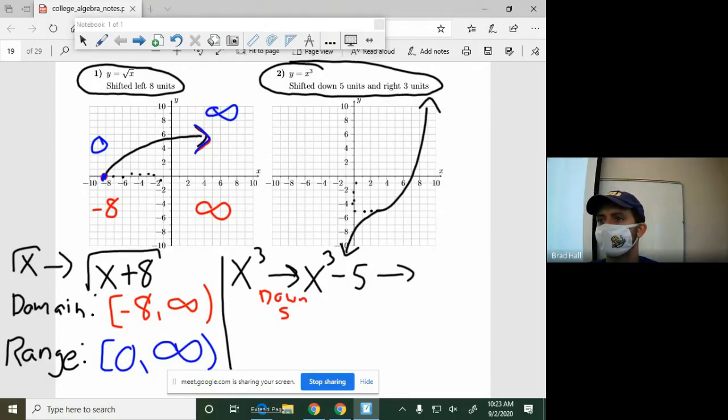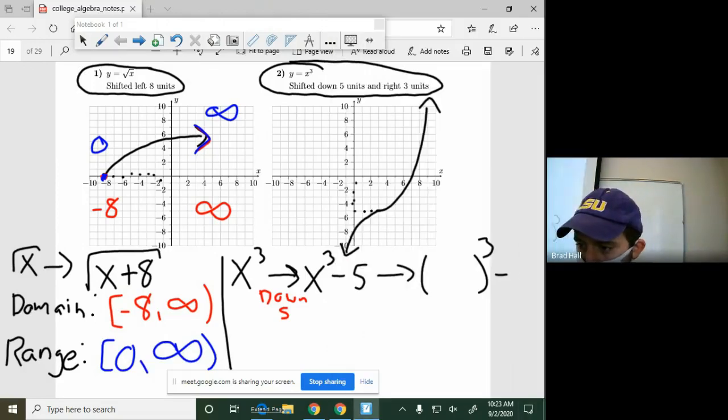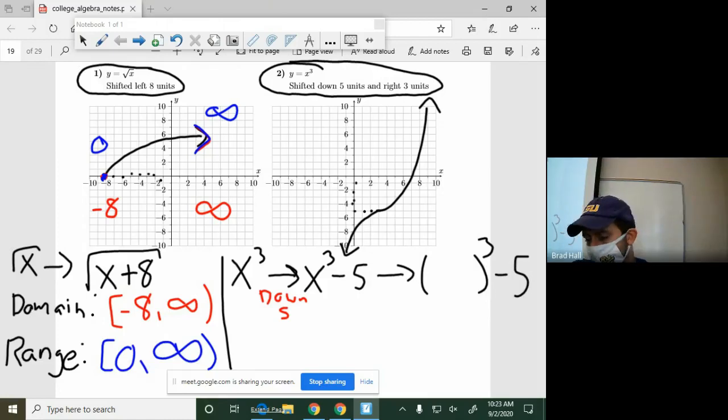So this is when we have to add to the x variable directly. So the way that looks is, well, that number that we add to the x will have to be under the 3rd power as well.